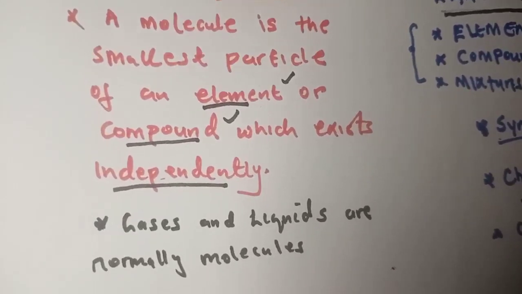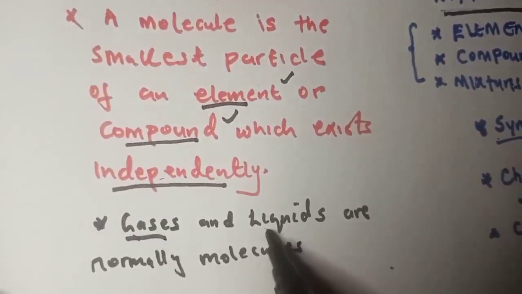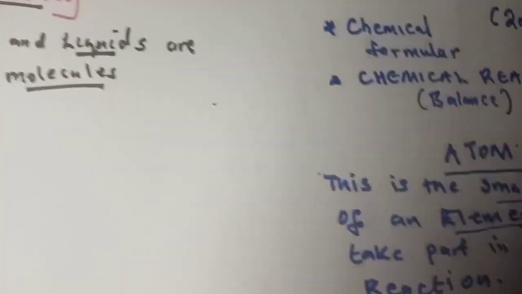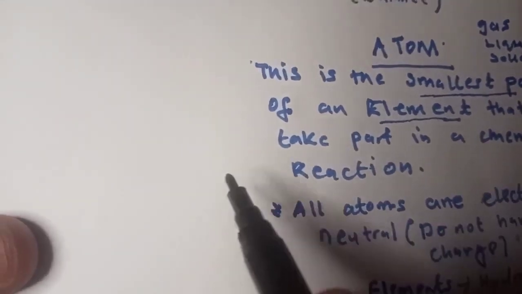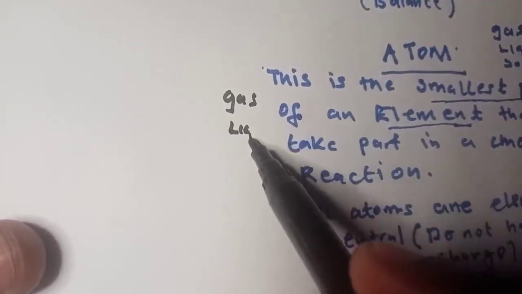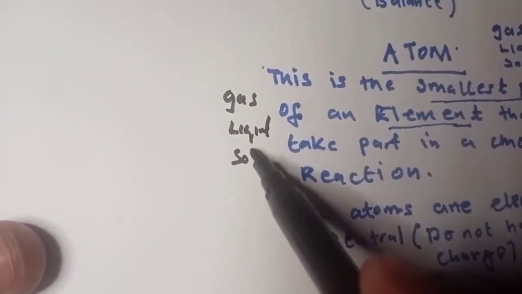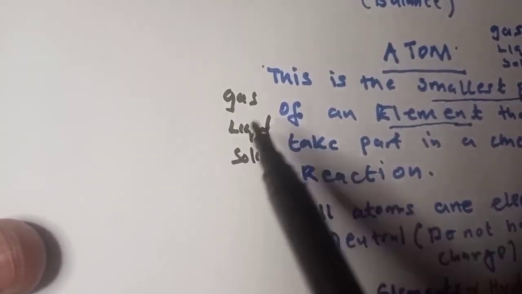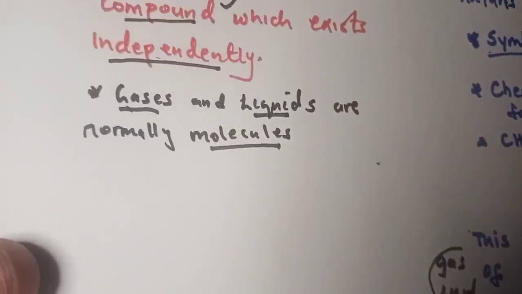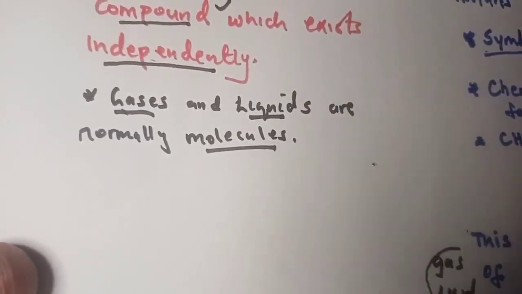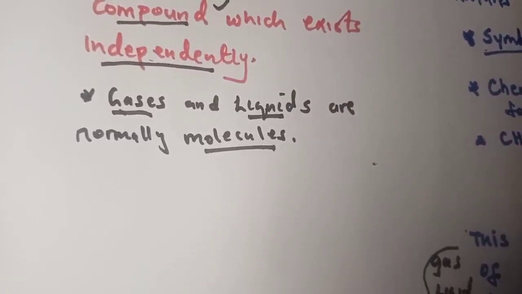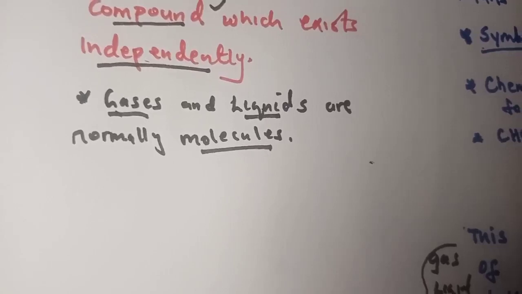But atoms can exist in all three states: gas, liquid, and solid. Gases and liquids are normally molecules, not solids. Most of the time when I talk of a gas, it's going to be a molecule.